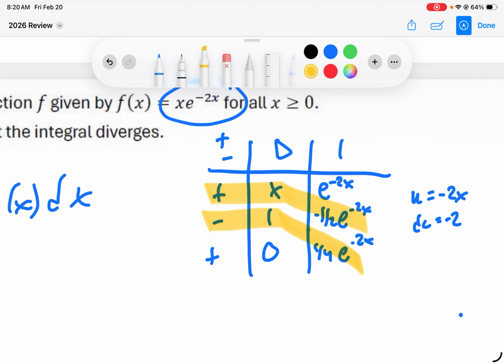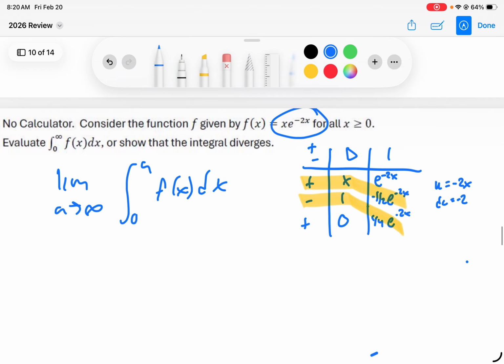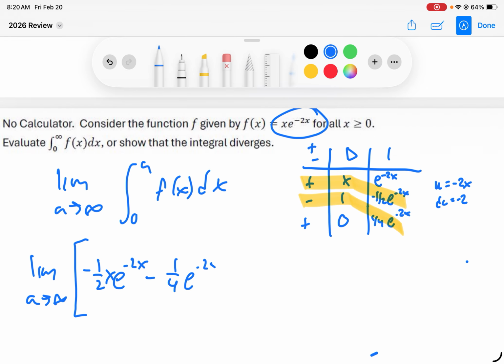So this would be the limit as a approaches infinity of negative 1/2 x e to the negative 2x, minus 1/4 e to the negative 2x, all evaluated from 0 to a.